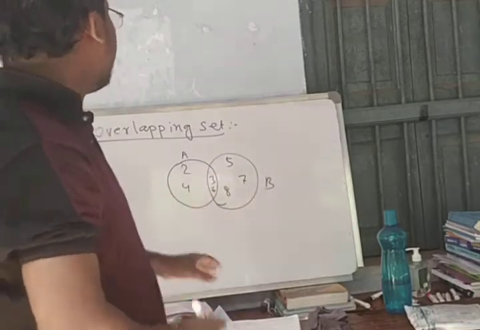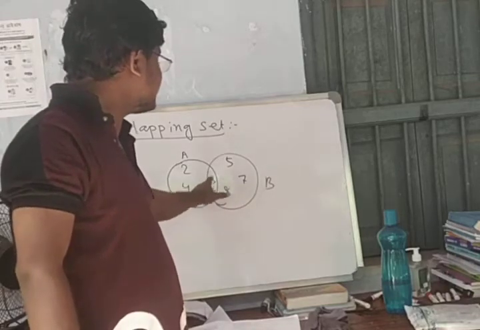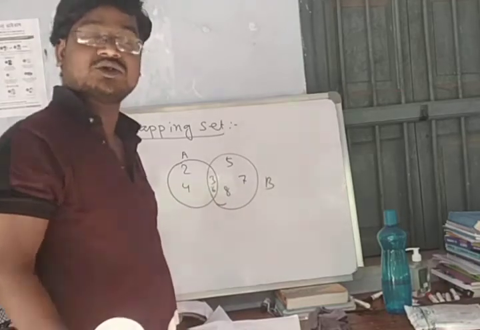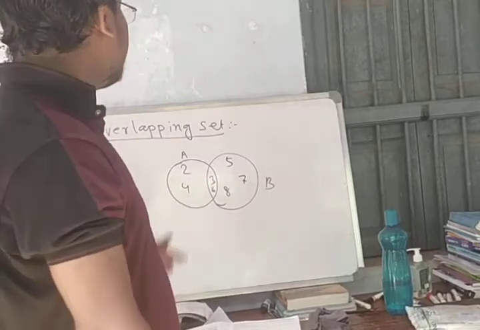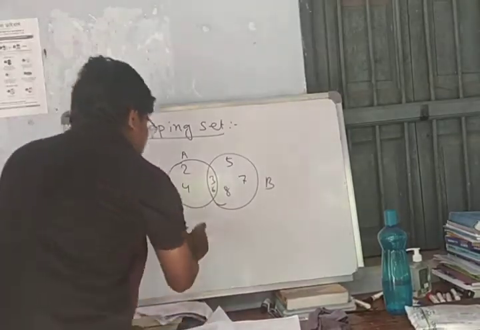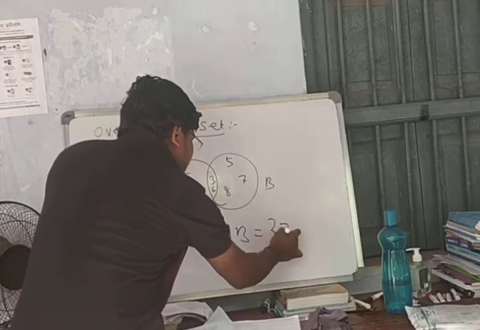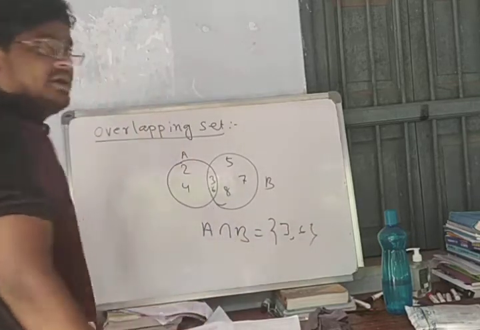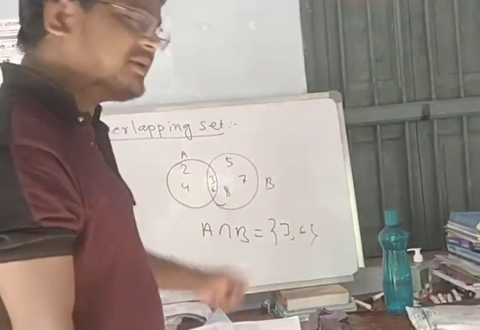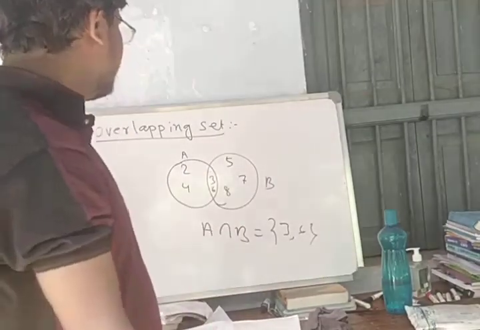Means they have intersecting sets, which is not a null set. Now, if I told you to find the intersection between A and B, it means 3 and 6. Intersection means the common elements, that is 3 and 6.